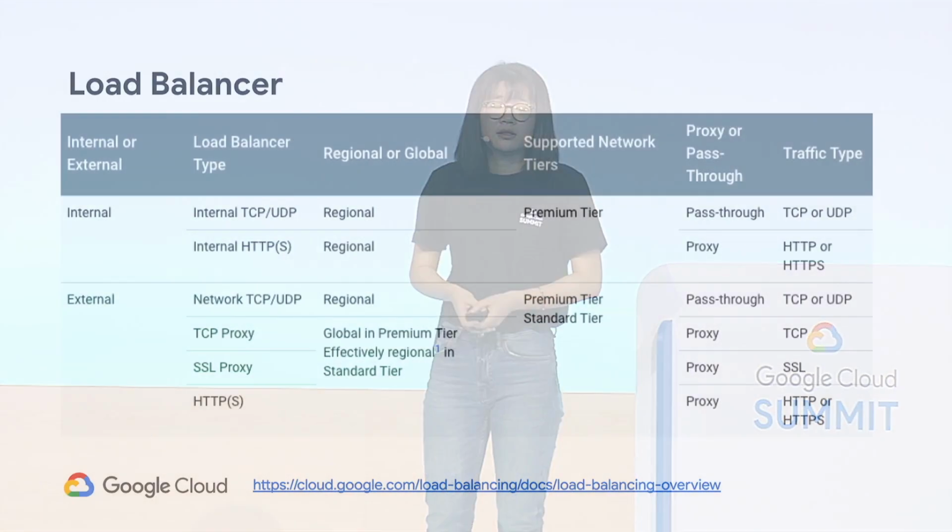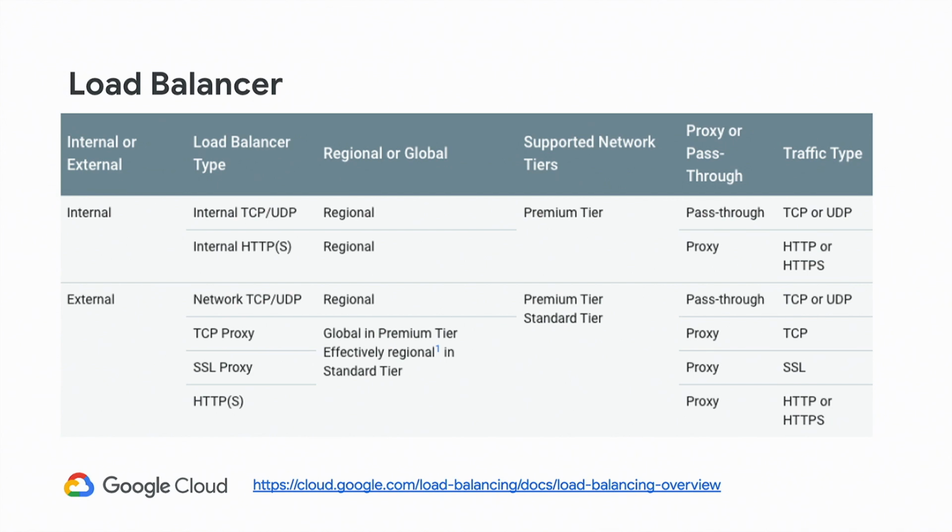Next thing with instance groups will be you need to hook it up with a load balancer. And here again, we have a wide range of load balancers supporting multiple traffic types. We have internal load balancers that load balance internal traffic without exposing it to the public internet. We have external load balancers that take in the traffic from the internet.